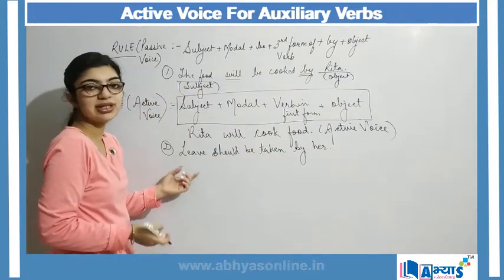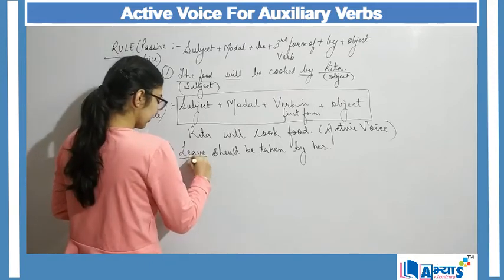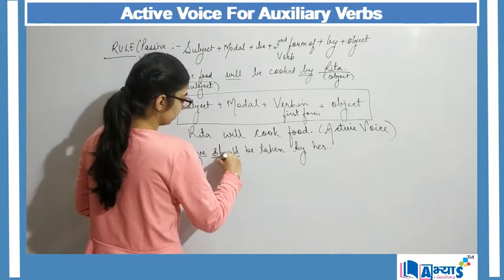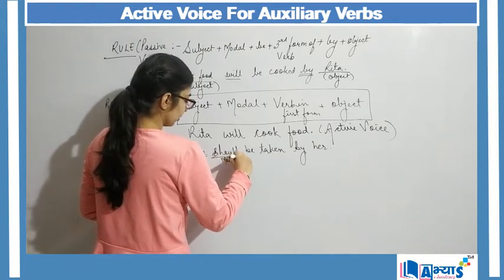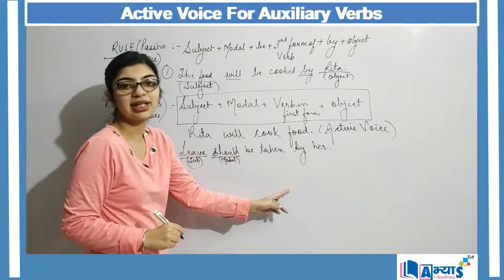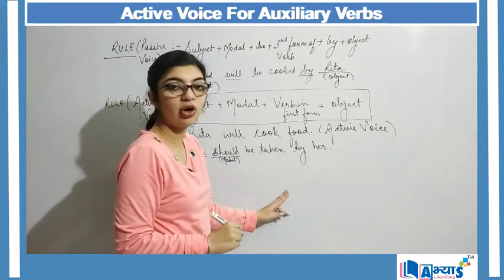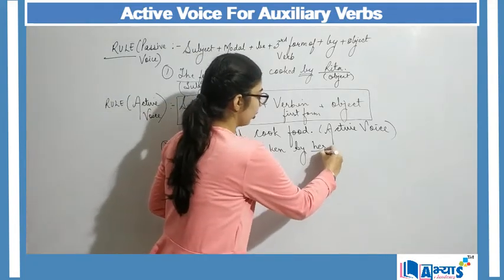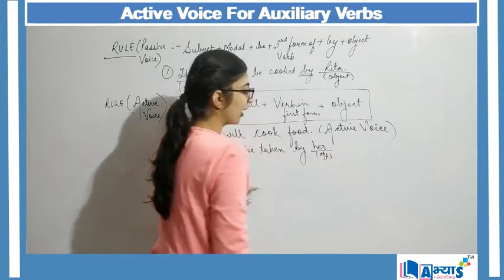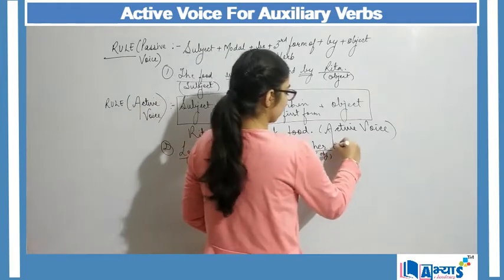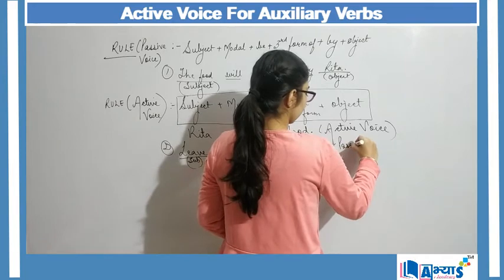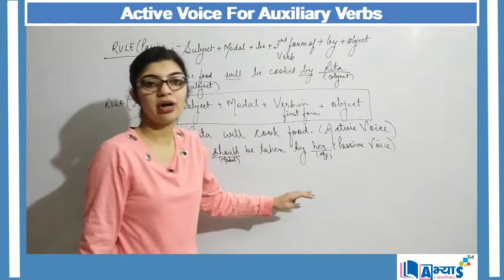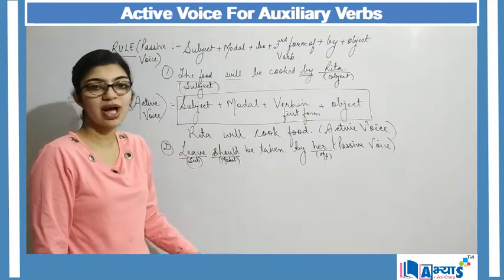Here leave is my subject. Should is my modal. Taken is the third form of the verb take, and her is the object. I know that my sentence is in passive voice because it matches the rule for passive voice. Now I have to convert this into active voice.